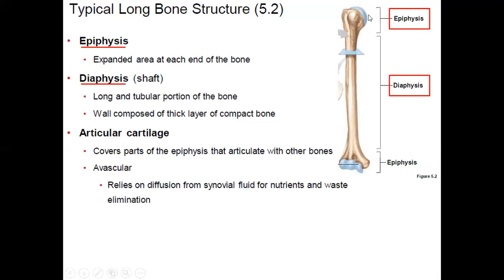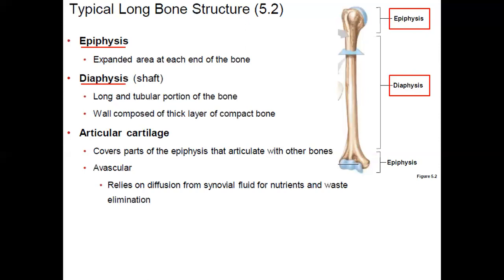The articular cartilage, remember, an articulation is a joint. So where there is a joint, there's an epiphysis of the long bone typically, and this epiphysis is covered by what's called articular cartilage, which is part of the skeletal system. That cartilage is there to cushion the joint so that you don't have bone-on-bone contact. It covers the part of bones that articulate with others.